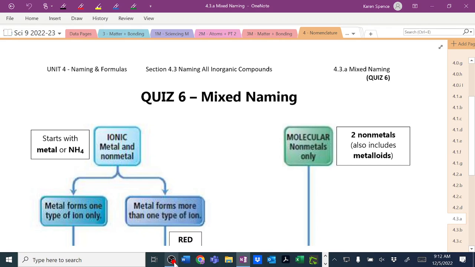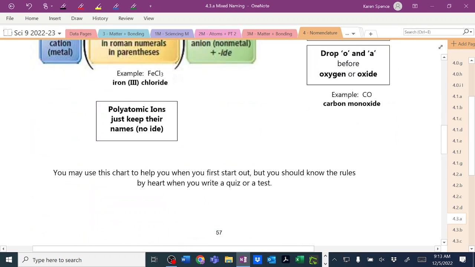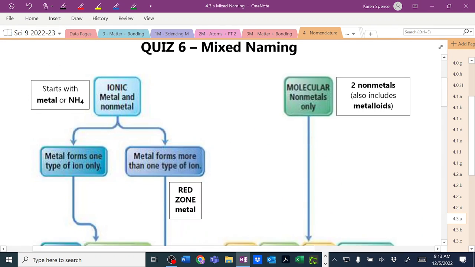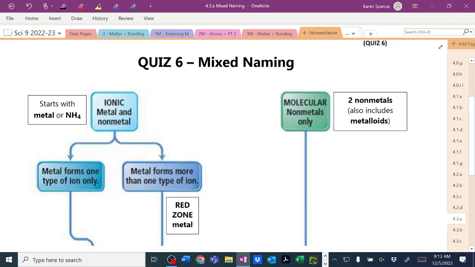So the first thing you have to ask yourself, and this is on page 57, is: does it start with a metal or NH4?